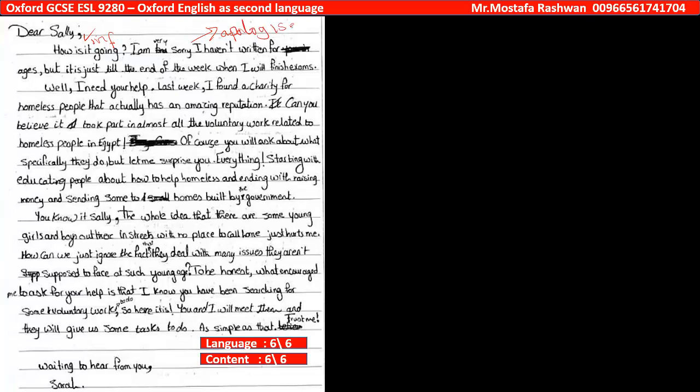The student in the previous response didn't start in this way, but said it's just until the end of the week when I will finish exams, and this is why he didn't write to his friend for this period of time. So you apologize to your friend for why you didn't write for ages, or for weeks, or for a couple of months and so on.